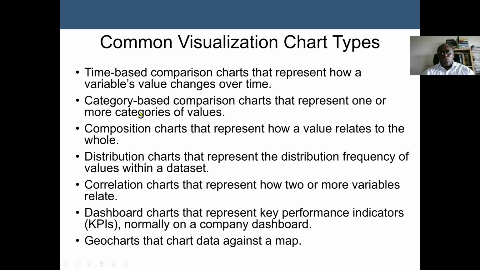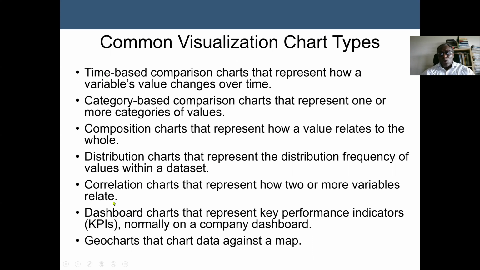We also have a category-based comparison chart that will represent one or more categories of values. Normally, we can use the bar chart or column chart for a category-based comparison chart. We also have a composition chart that represents how a value relates to the whole. Also distribution charts that represent the distribution frequency of values within a data set.